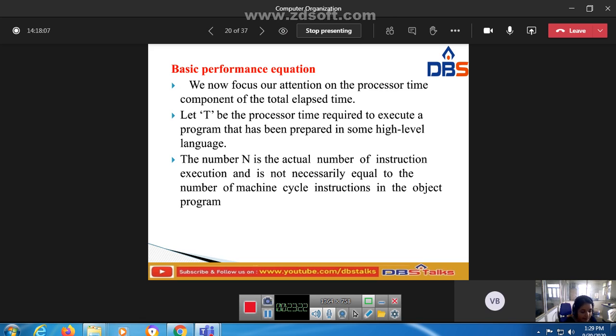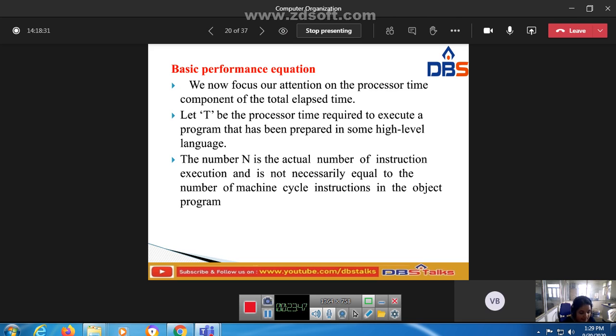The number N is the actual number of instruction executions, and it is not necessarily equal to the number of machine instructions in the object program. Some instructions may be executed more than once, in case of instructions inside a program loop, while others may not be executed at all, depending on the input data used.